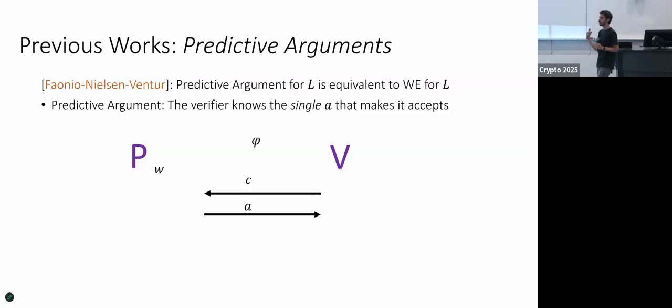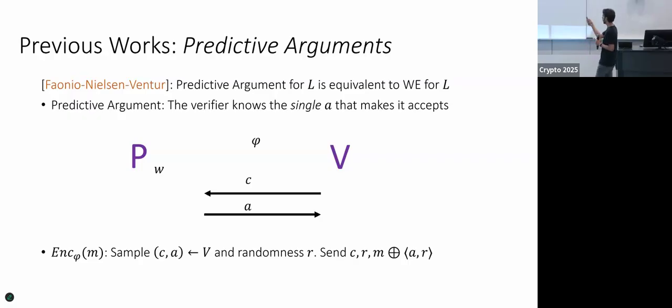Faonio et al. showed that if you have such an argument system, then you can construct from it a witness encryption. The construction is pretty simple. If you want to encrypt a message M with respect to an instance phi, you can sample the first message of the verifier C together with the answer that the verifier knows that will make it accept.